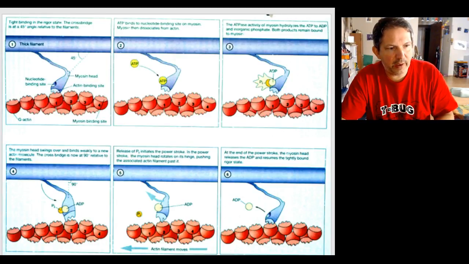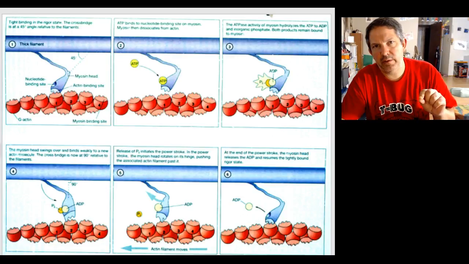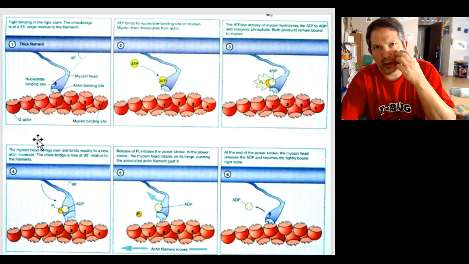We haven't gone into the calcium, and that's important. The calcium is stored in the sarcoplasmic reticulum. It's released in response to the nervous signal, and it's the calcium that leads to the uncovering of the binding sites and the cross bridges that form.